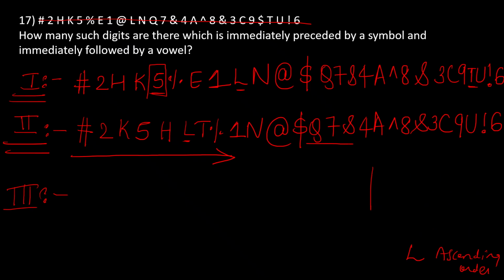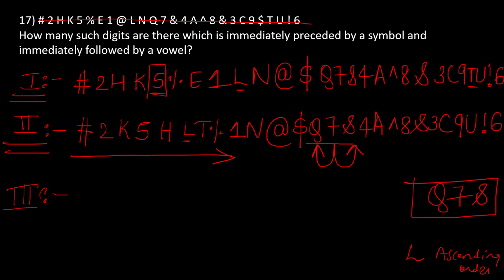The digit is preceded by a letter and followed by a symbol. So Q7 is the only pattern which follows the condition. Correct? Rest all you can't. If you see 5 here, it is preceded by a letter, but it is not followed by a symbol. Okay? So only one is there.